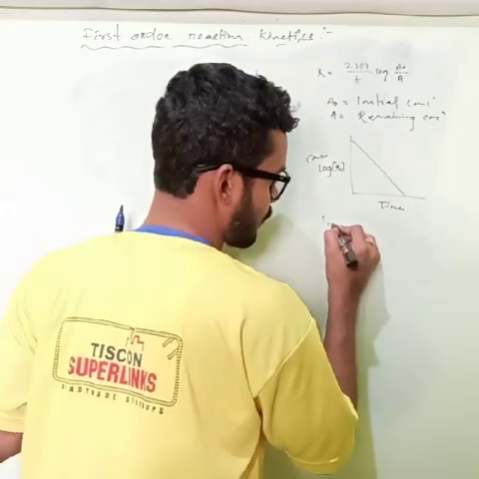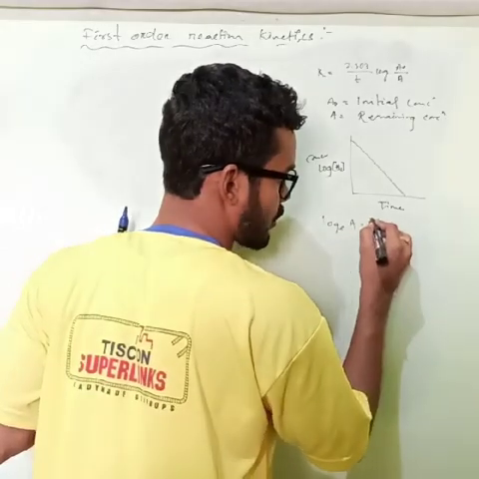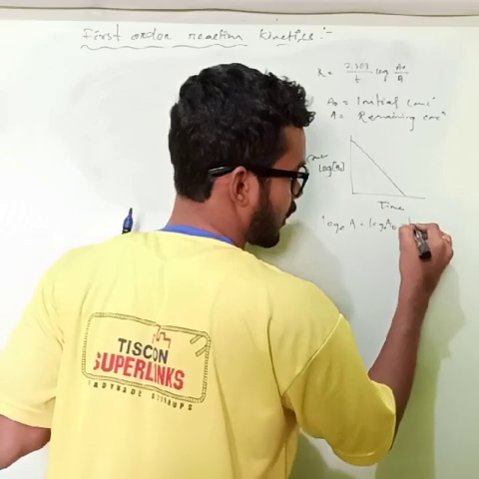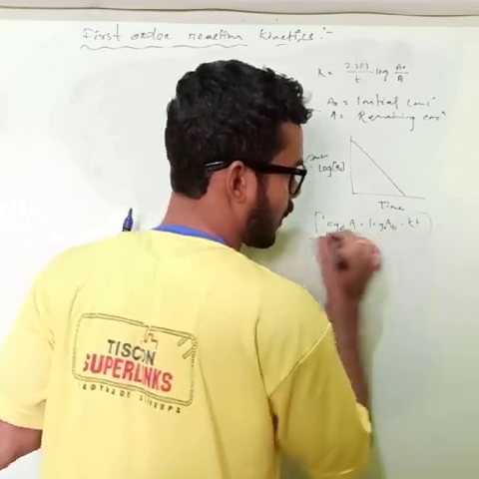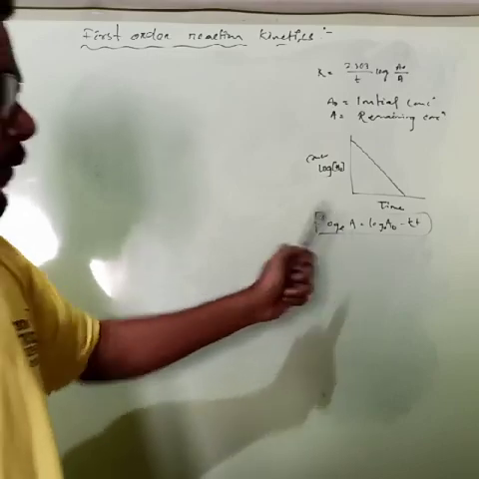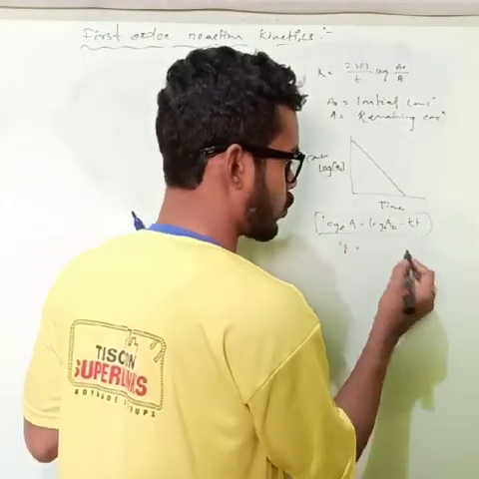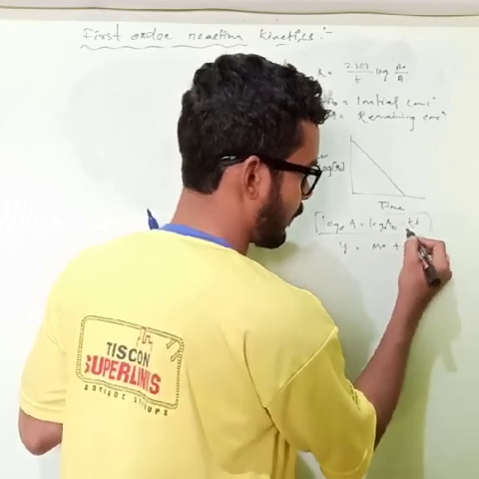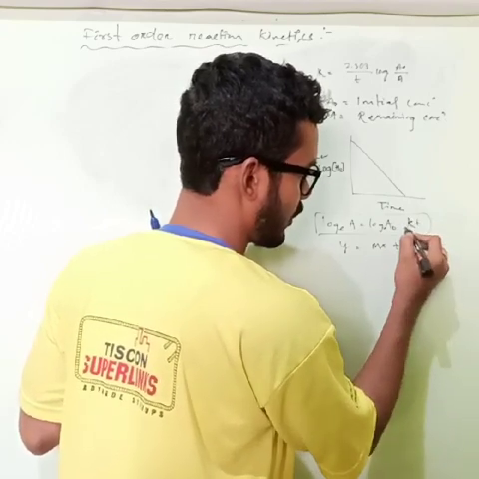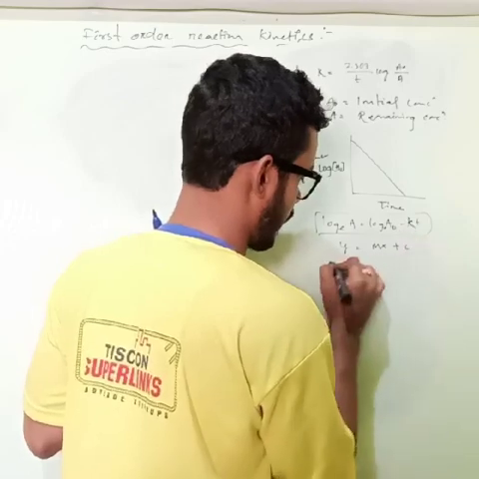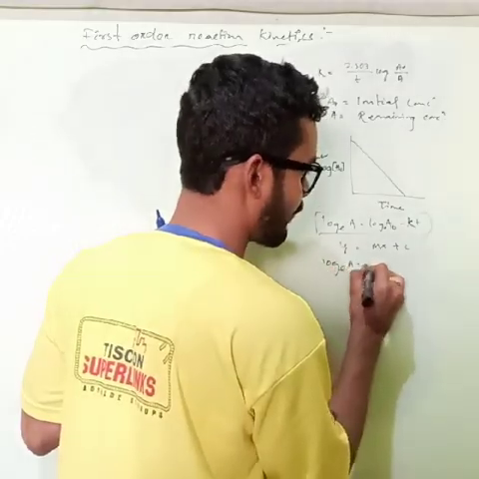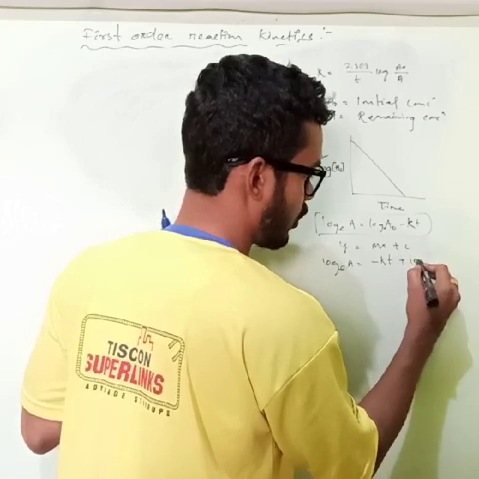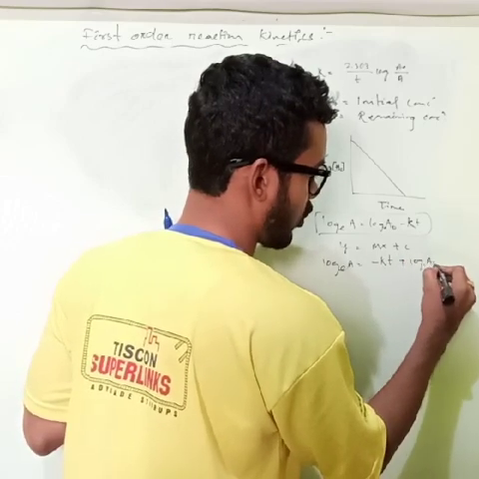I got this from the equation log e base a equals log a naught minus kt. This is nothing but y equals mx plus c, so we can write log e base a equals minus kt plus log a naught.